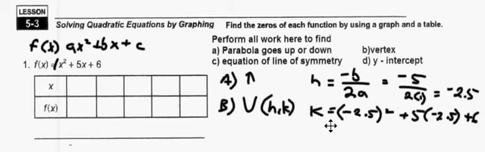So we find out our k is equal to negative 0.25.